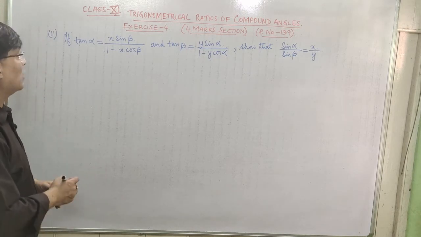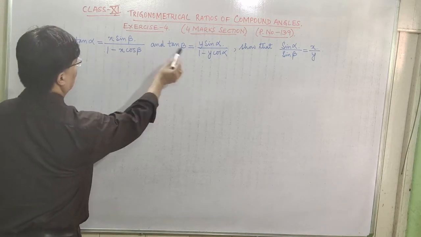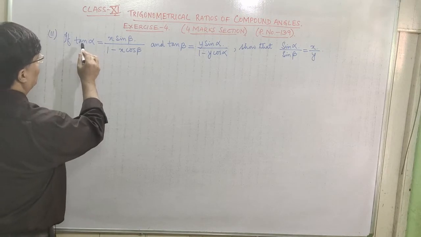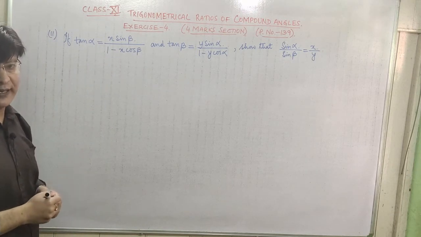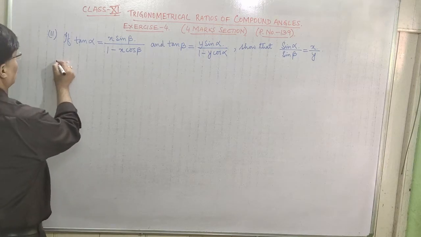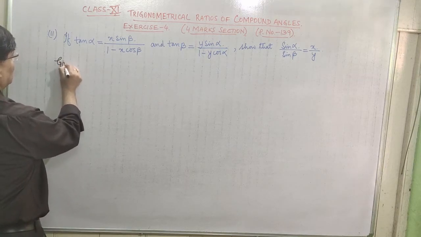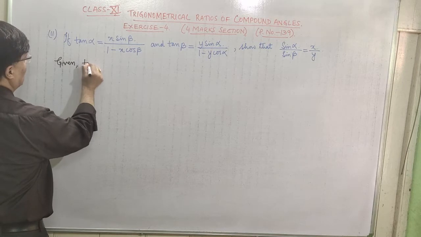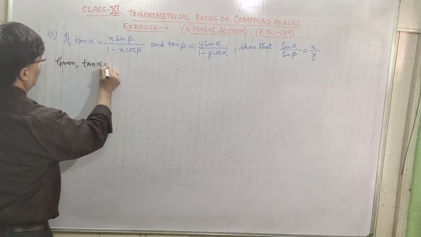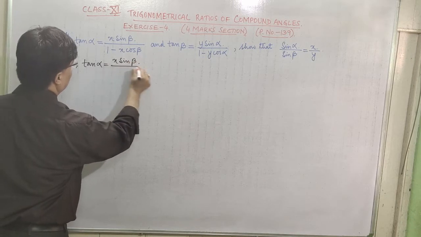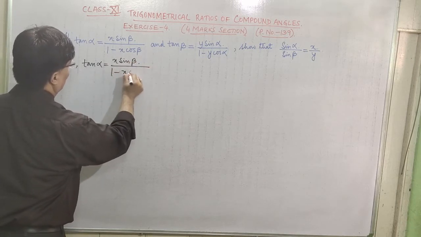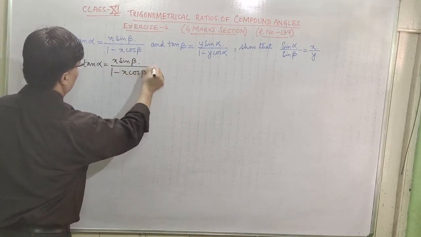Now, these are the two given conditions. So from the first given condition, let us get the value for x after simplifying it. The first given is tan alpha is equal to x sine beta divided by 1 minus x cos beta.